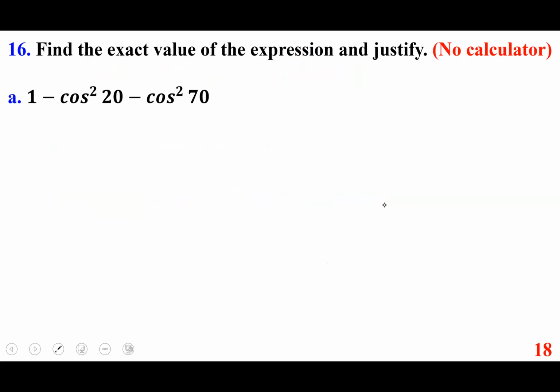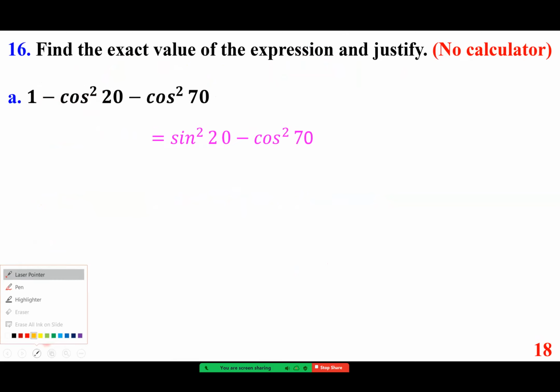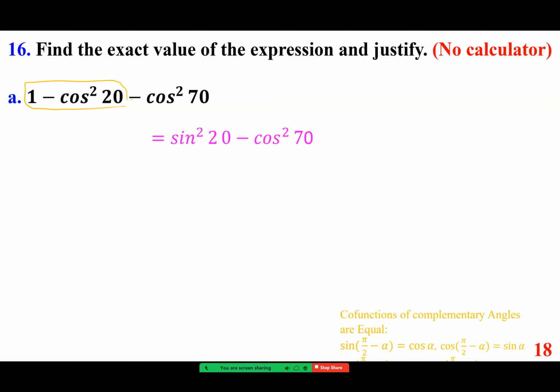We want to find the exact answer. 1 minus cosine squared 20 minus cosine squared 70. We are going to write sine squared of 20 for the first two, minus cosine squared of 70, and you remember the co-functions.